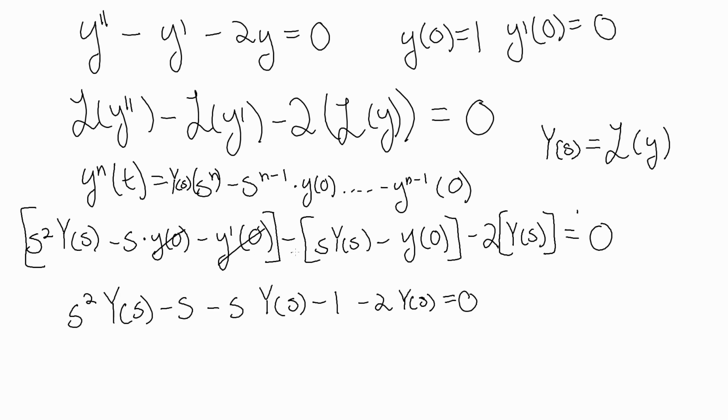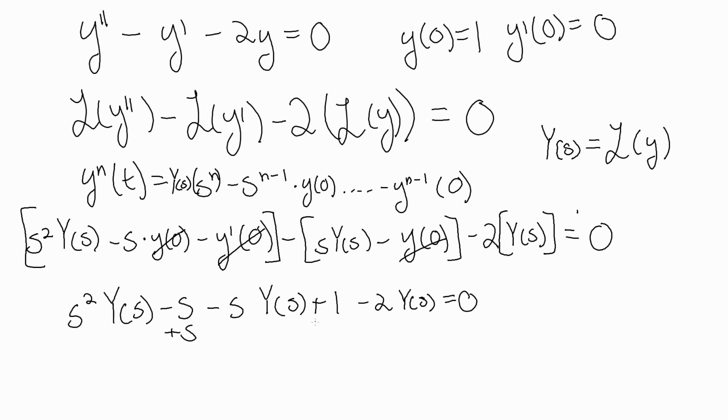Okay, so having canceled out what we can, we now have this expression here: s squared times Y of s minus s minus s times Y of s minus 1 minus 2 times Y of s. So you'll notice almost everything now has a Y of s term. For the bits that don't, we can move those to the right side. We'll do plus s.